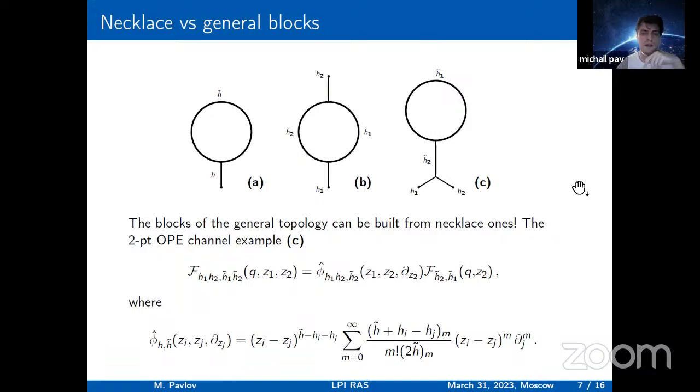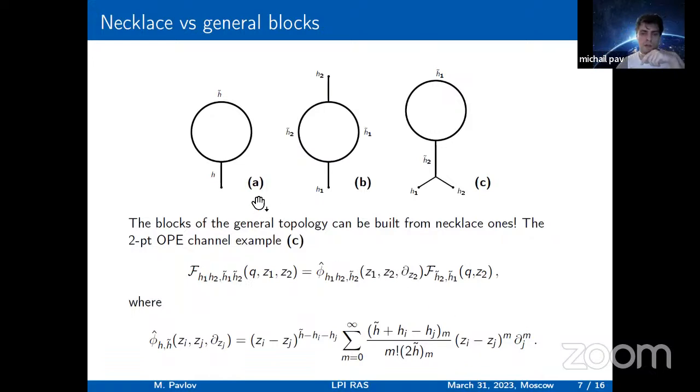The idea here is that conformal block C, which corresponds to the situation when you take the OPE between two fields, can be expressed through this block, because effectively when you take the OPE you have one field instead of two, and then you return to the 1-point block again, with the action of some operator which comes from the operator product expansion.